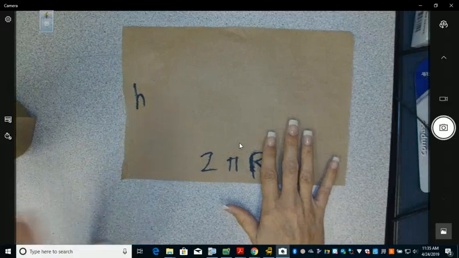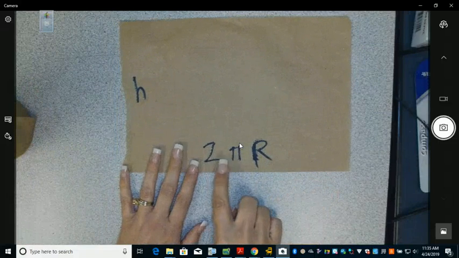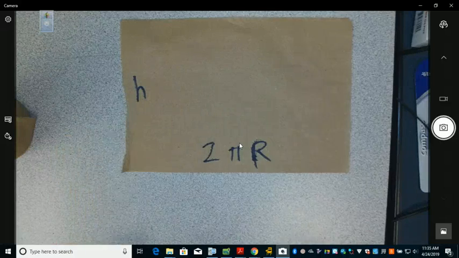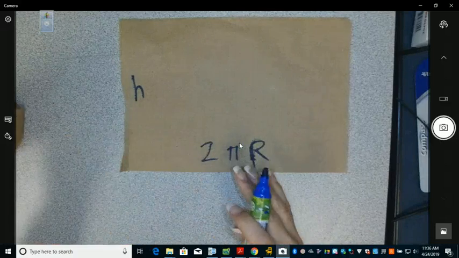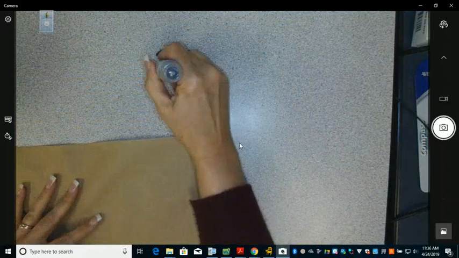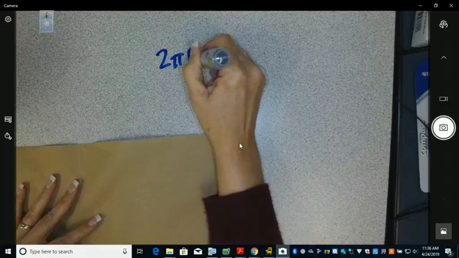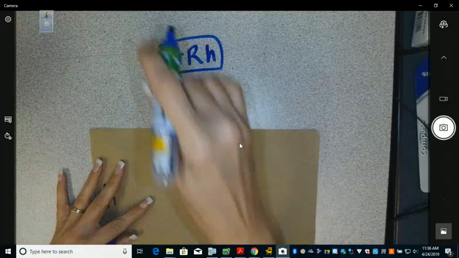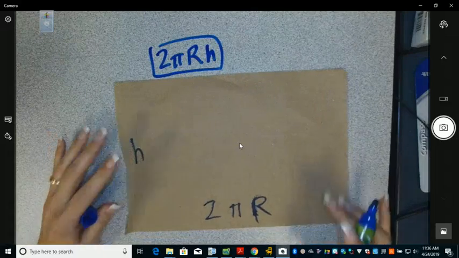So to get the area of this piece, you would have to do 2 pi r times h. So I'm going to write that down. That's the area of the outside of this big cylinder. So that's 2 pi capital R times h. That is this larger piece here.